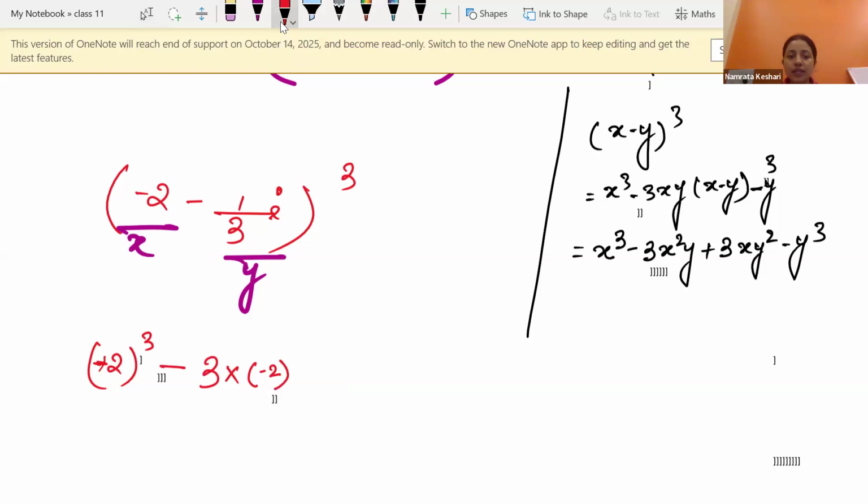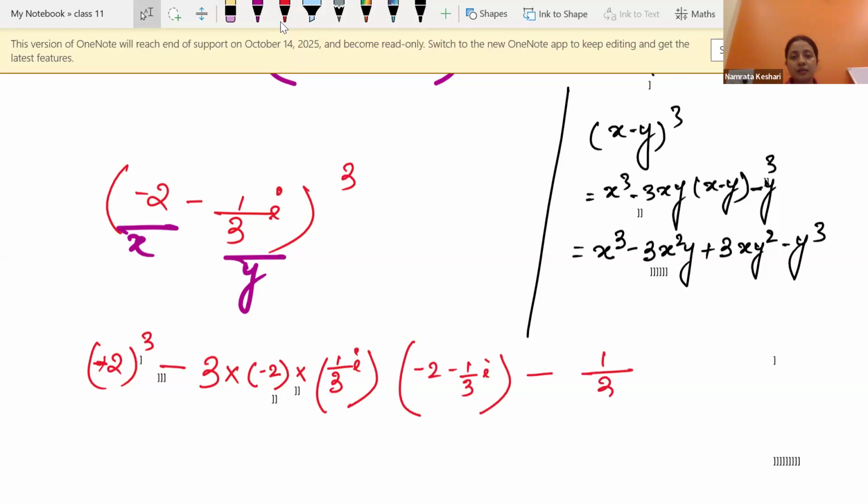Then in bracket x minus y, so minus 2 minus 1 by 3i, minus y cube, so minus our y whole cube. Is it making sense to all of you?